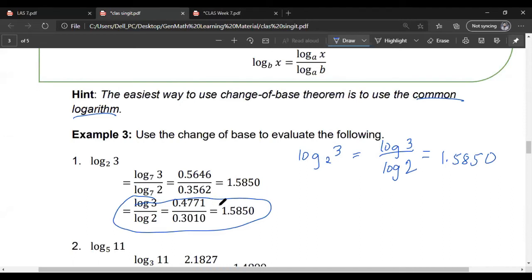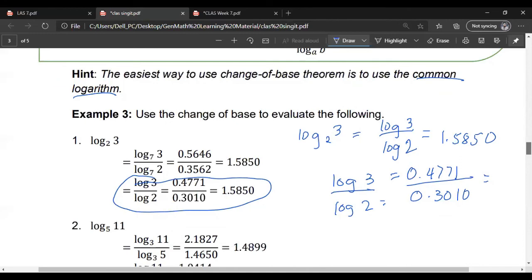Kung gusto niyo isa-isahin, yung log of 3 is equal to 0.4771 over log of 2 which is 0.3010. Pag dinivide niyo yan, 0.4771 divided by 0.3010, ang answer is 1.58504. So 1.5850 pa din. Okay? So yan po siya.